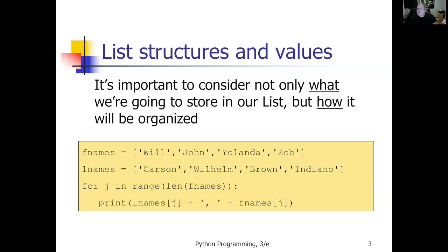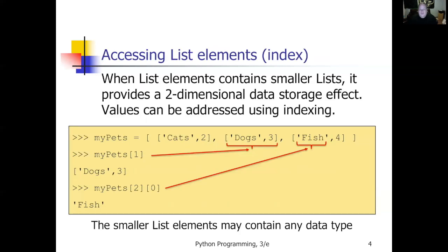So if I print L name j, so the first time through that's 0, L name j, plus a comma and a space, and then F name j, what I'm going to get out of this little program here is a list of these people's names, last name, comma, first name, all four of them. So there's a little bit of a problem, is that what happens if I change the data?